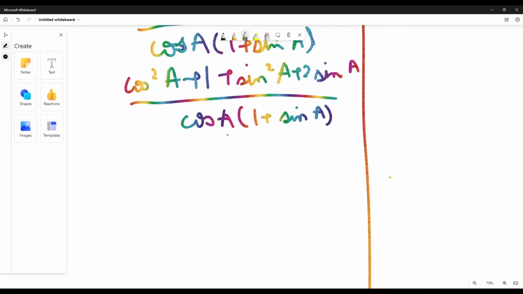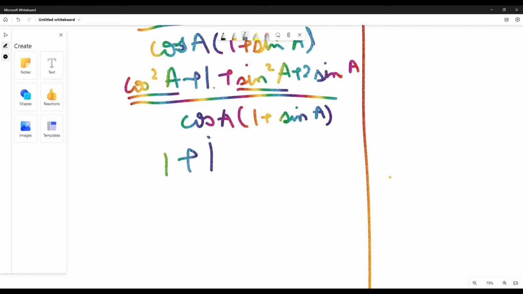This question is pretty easy now, because we see cos squared A and sine squared A, and every time you see sine squared A and cos squared A being added, your mind should only think of one thing: sine squared A plus cos squared A is equal to 1. So basically that's 1.